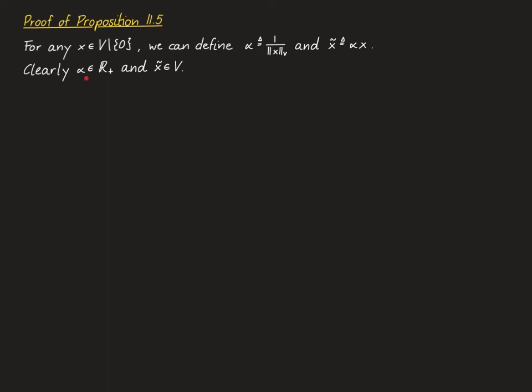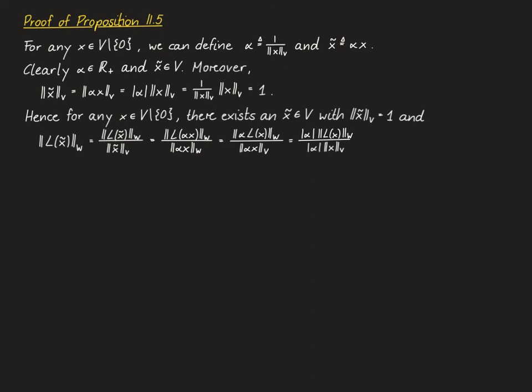Clearly, alpha is a positive real number and x tilde is another vector of the vector space V. Moreover, the norm of x tilde is by definition equal to the norm of alpha times x, which by positive homogeneity is equal to the absolute value of alpha times the norm of x, which by the definition of alpha is equal to 1 over the norm of x times the norm of x, which is obviously equal to 1.